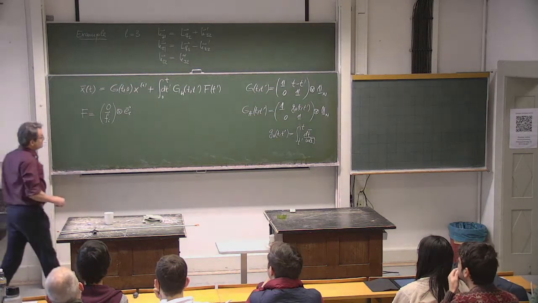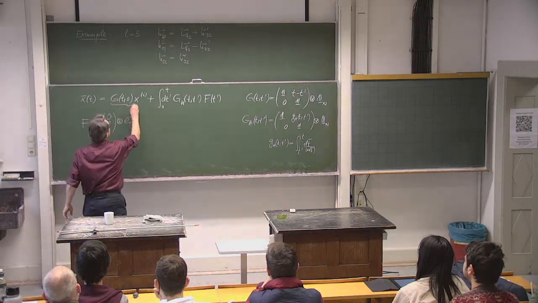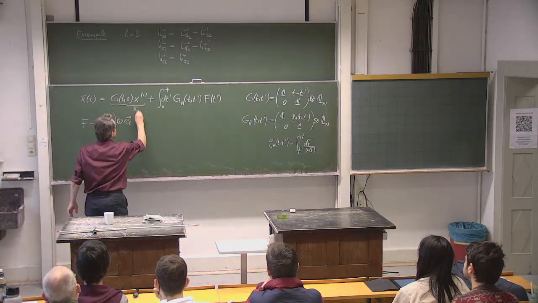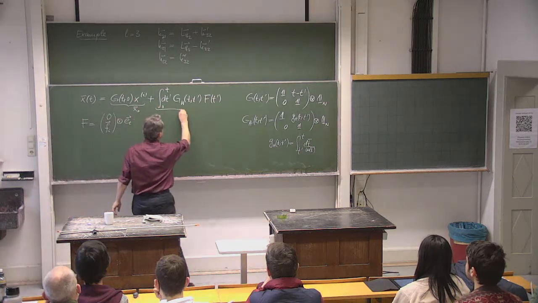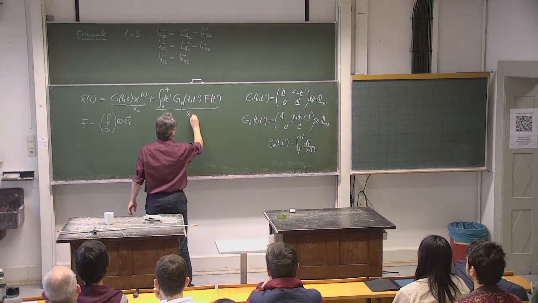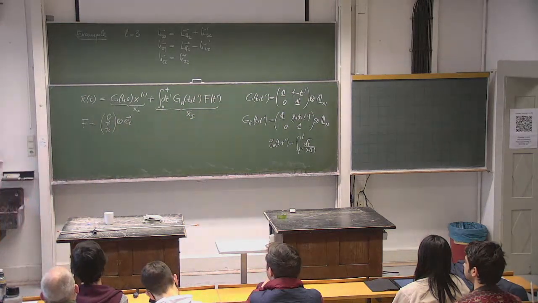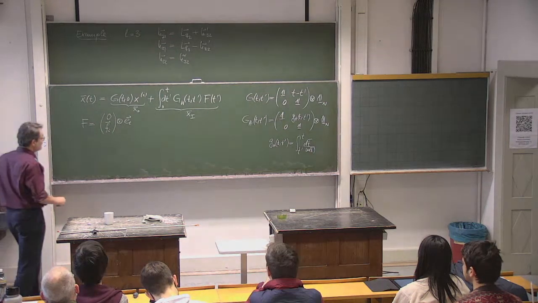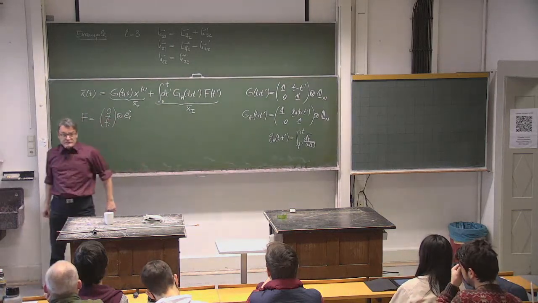Now I can write the particle trajectories conveniently as a free part and an interacting part. And just for abbreviating things later, I'm going to split the notation in this way. Now these are the complete trajectories.